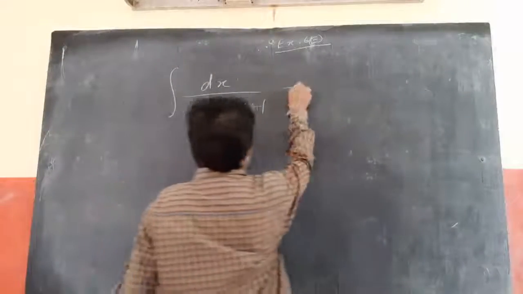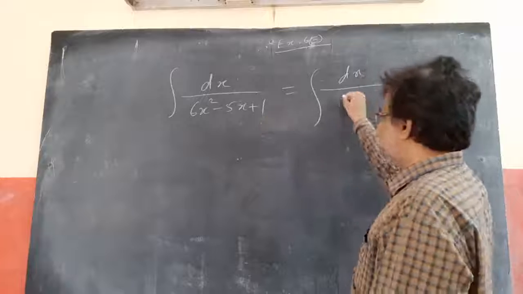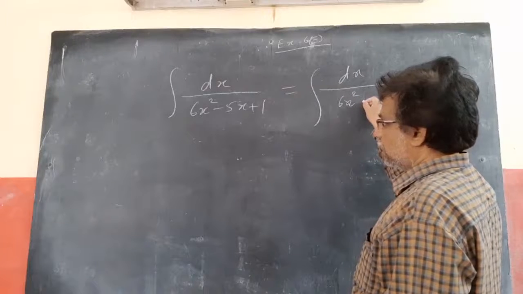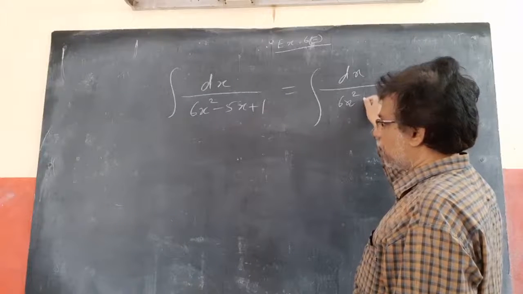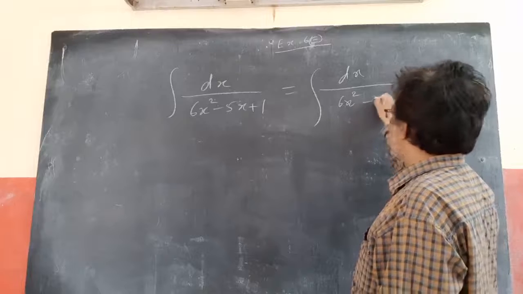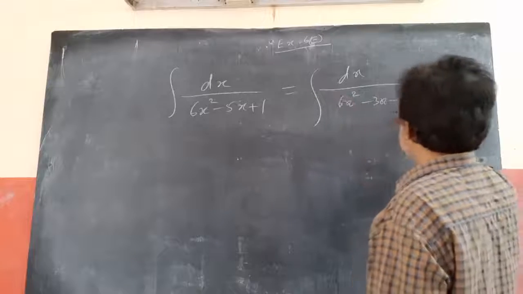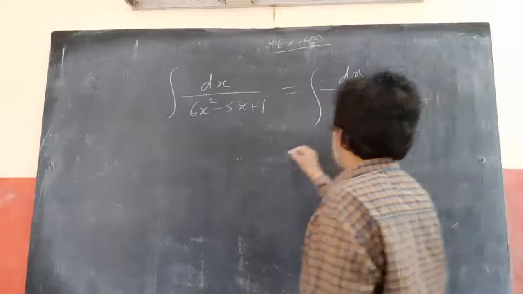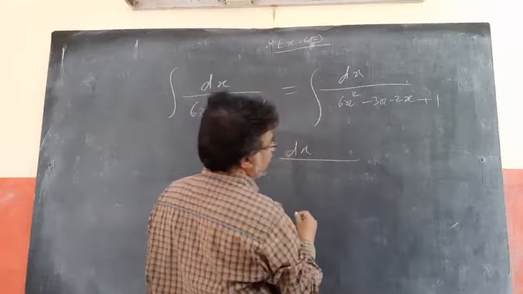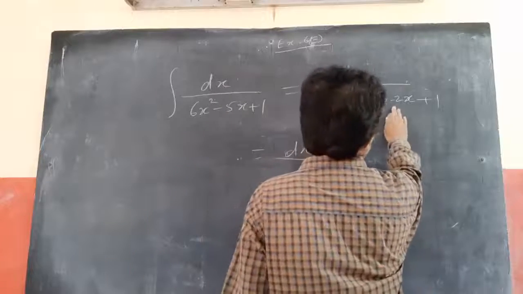So what I want to write is integral of dx by, splitting the middle term, 6x square minus 3x minus 2x plus 1, since minus 3 into minus 2 is plus 6. If I take 3x common from the first two terms, this becomes x minus 1 over 3, and minus 1 common from the last two.